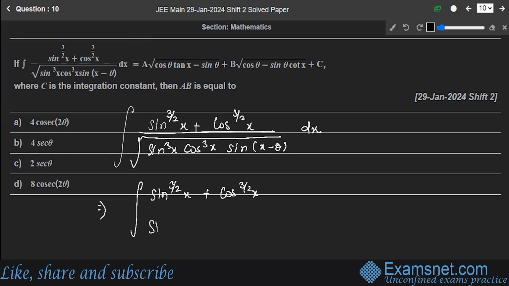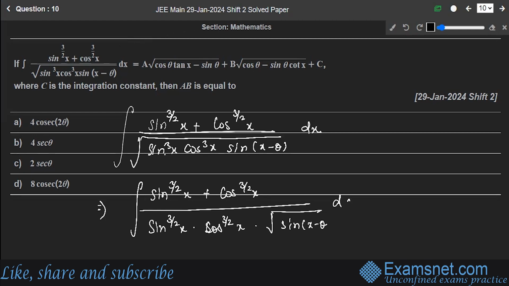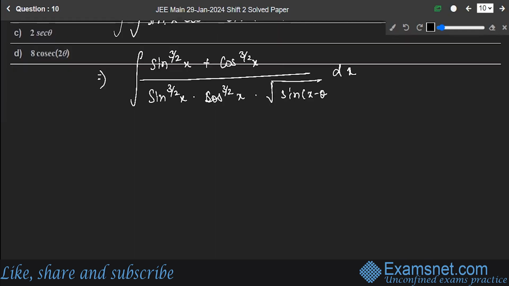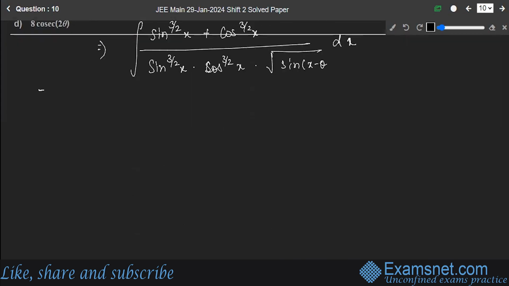So this is equal to sine 3 by 2 x cos 3 by 2 x, I can write this as divided by sine raised to power 3, and this is under root. So this will be sine power 3 by 2 x cos power 3 by 2 x into, let this thing be as such, dx. And okay, note this. Let's open this up.